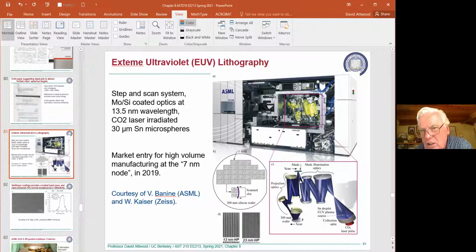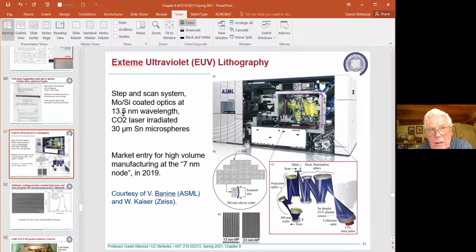And so the mask gets scanned this way, the wafer gets scanned the other way, and this slit of illumination is scanned over the pattern here that's to be replicated and is reproduced down at the bottom, producing one of these rectangular areas, okay? And they're going to break them up later, and that's going to be one layer of a computer chip, okay? So they step and then they scan, then they step to the next one and scan another one, step to the next one, scan it. So it's called step and scan.